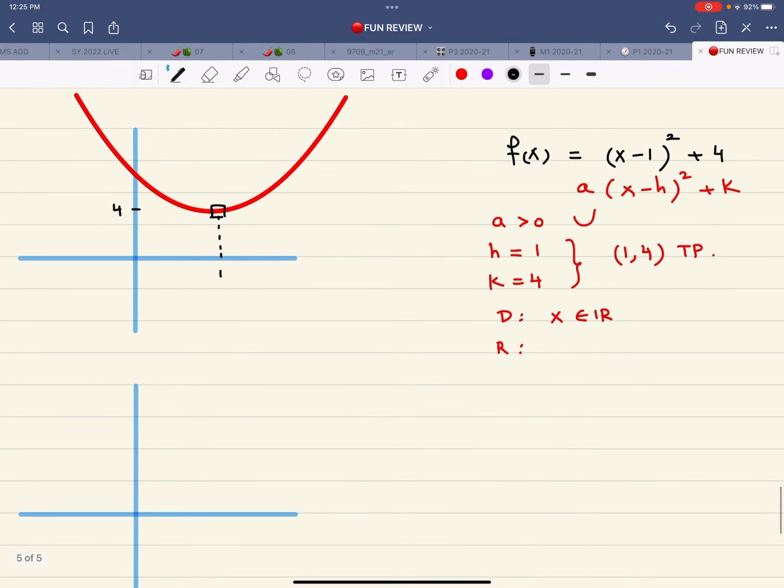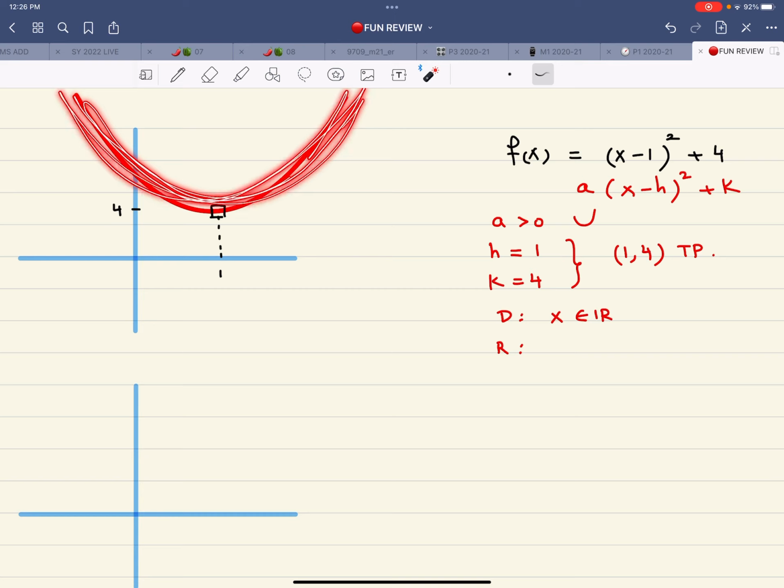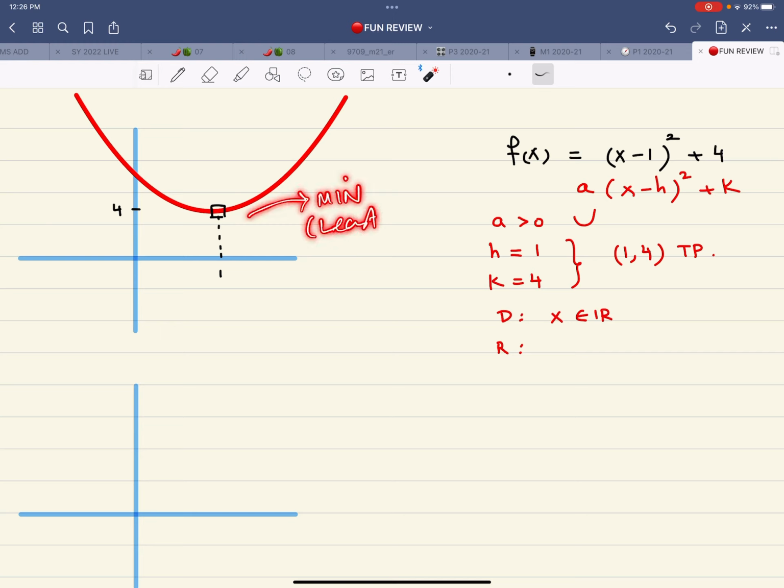Now when we have all real values, look at the graph. y, which is the same thing as the function, could assume all values which are greater than or equal to 4. That's the least. That's why it's called a minimum. This is the least y value. So all other values would be greater than or equal to this. Therefore, f(x) is greater than or equal to 4. Correct?